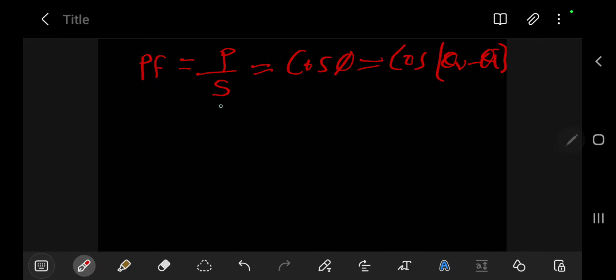Apparent power, S, is the magnitude of the complex power, given as a bold-faced letter. In this case, this will be the total apparent power.